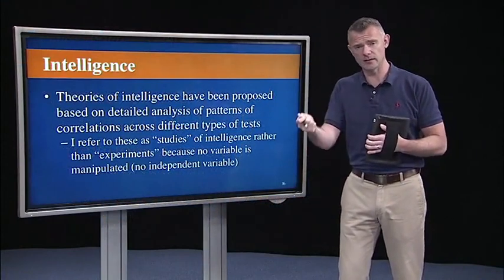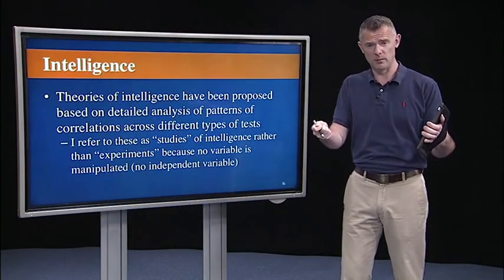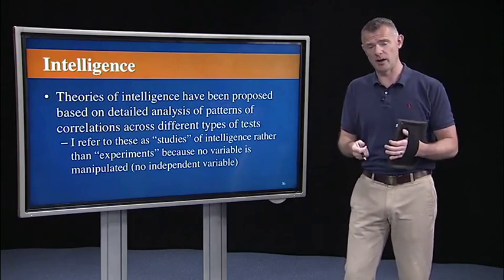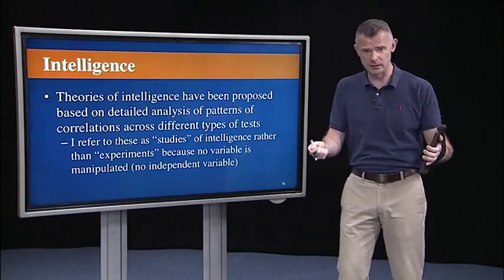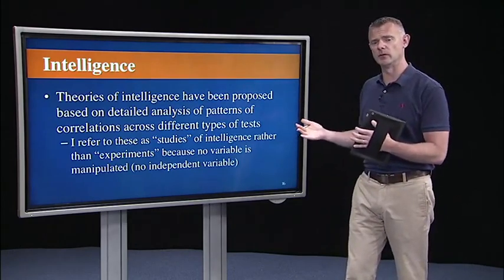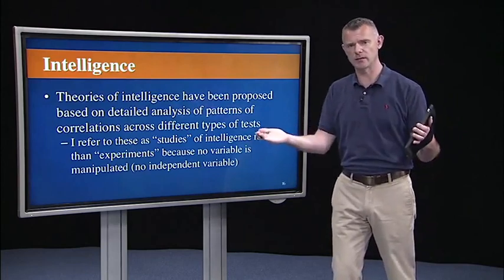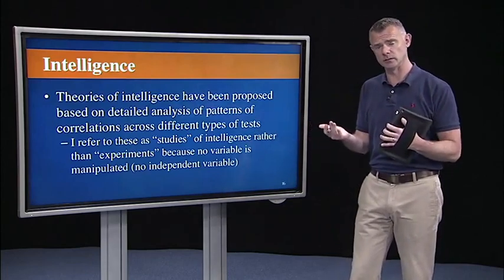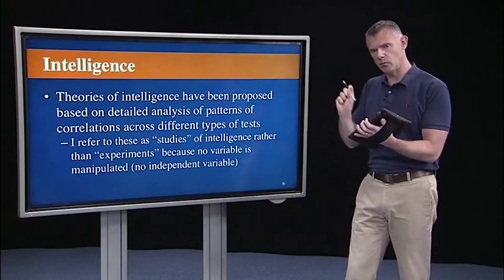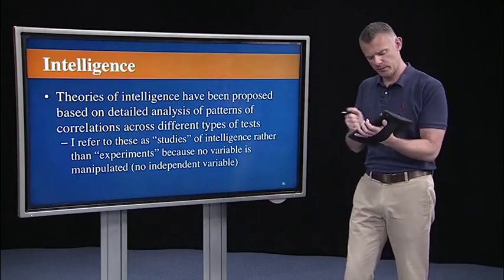A child received a vaccine or a placebo. In the working memory training experiments, there was a manipulation. They either did the training or they didn't do the training. These are just studies of behavior. We go out, we measure lots of things and look for patterns of correlation. There's no manipulations in these studies. So important distinction between study and experiment.